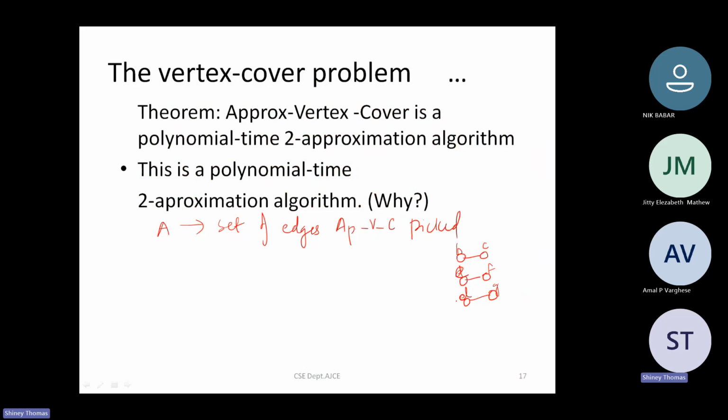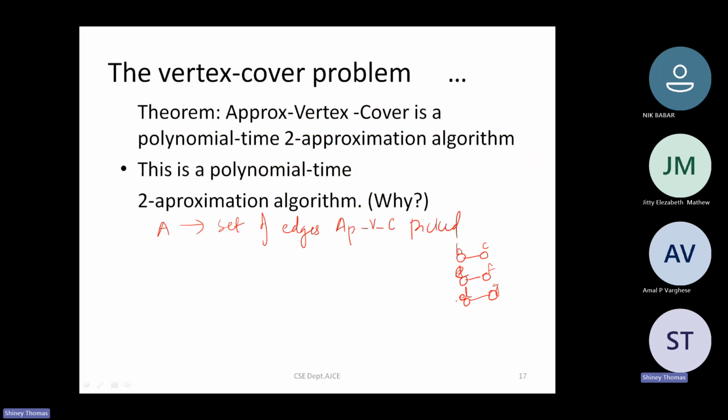My question is, C star must include at least one endpoint of each edge in A. ശരിയാണോ അല്ലയോ? C star എന്ന് പറഞ്ഞാൽ എന്താ? The optimal solution. Minimum set of vertices that will cover all the edges എന്ന് പറഞ്ഞാൽ optimal solution.